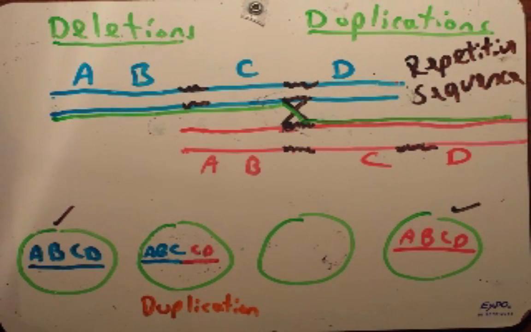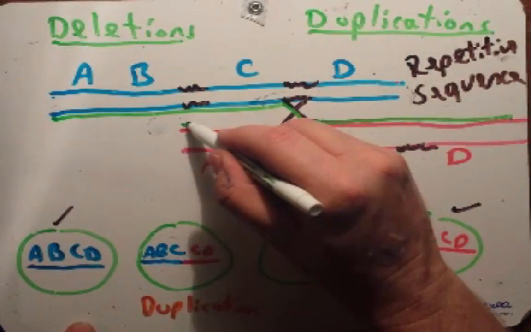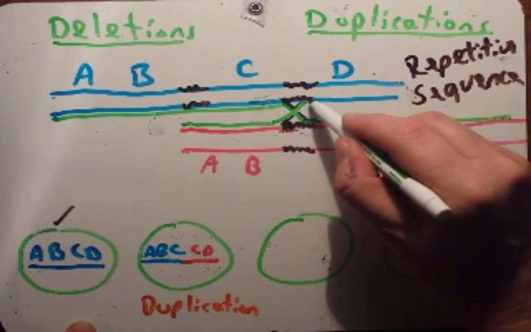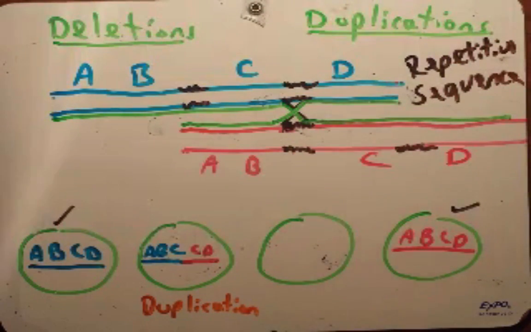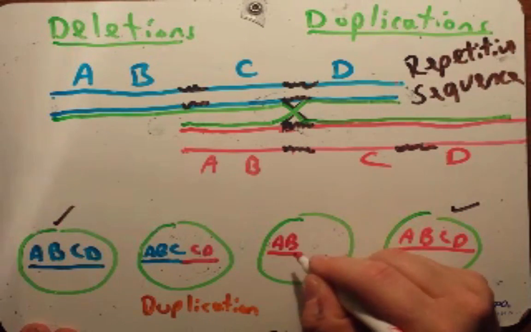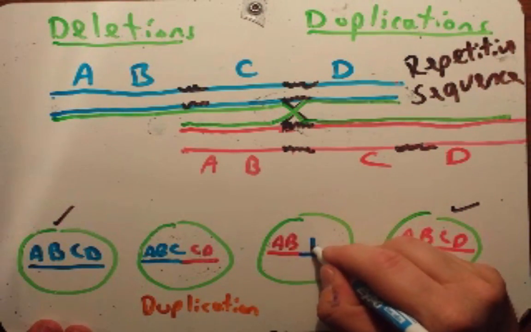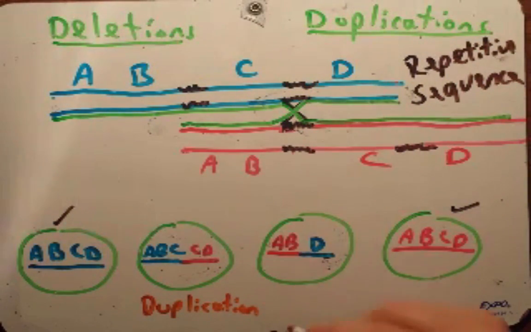Now, let's follow the other sister chromatid we haven't talked about yet. And so we're going to pick up the red AB, and then we're going to follow it up here, and we're going to pick up the D. So we're going to end up with red AB, and then the blue D. We've just deleted C. So we call this a deletion.